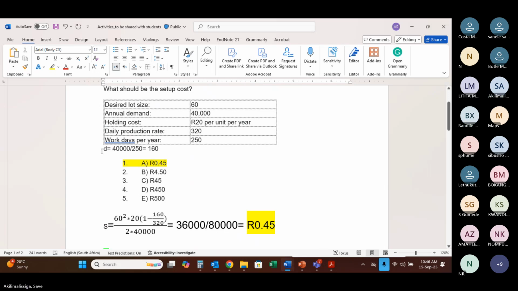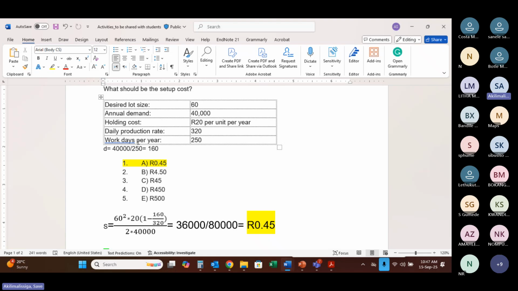Okay, yeah. The reason why I divided 40,000 is that this company has an annual demand. So per year, this company is able to satisfy a demand of 40,000 units. Now, that means how many units of demand can the company satisfy on a daily basis?